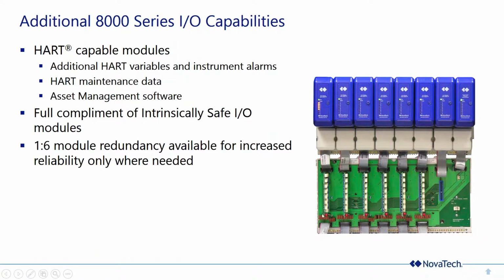And in simple terms, the way this works is the I/O signals come in here on this ribbon cable from a termination block. They normally pass right through the back of the circuit board into the FTA and go into the module. If a module fails, the EBIM will note the failure of the module. It looks to see if the module in slot 7 is of the same type and is not being used.